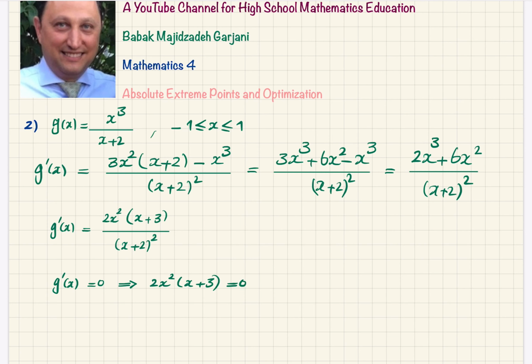Then I get two answers by the zero product rule. Either x is equal to 0 or x is equal to -3. But only x equal to 0 is acceptable, yes, because -3 is not in my interval of interest. So this means that this is not acceptable, but 0 is the only value. So this is crucial to remember this. So not in the interval.